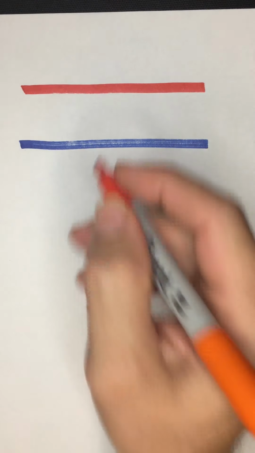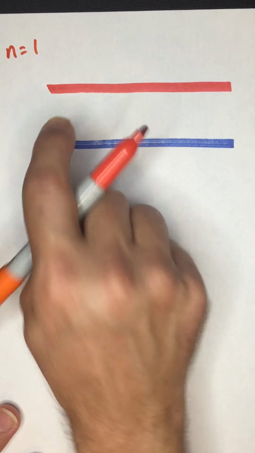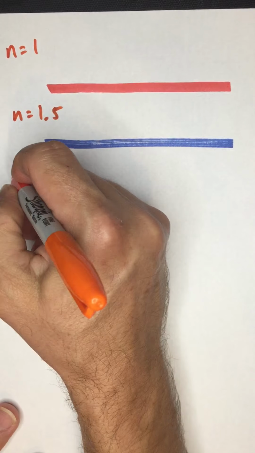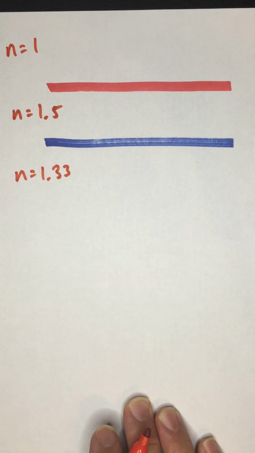And above here, I have air. So up here, I've got N of air equal to 1. In here, this is oil. Let's just let this oil have an index of refraction of about 1.5. And water has an index of refraction of about 1.33.